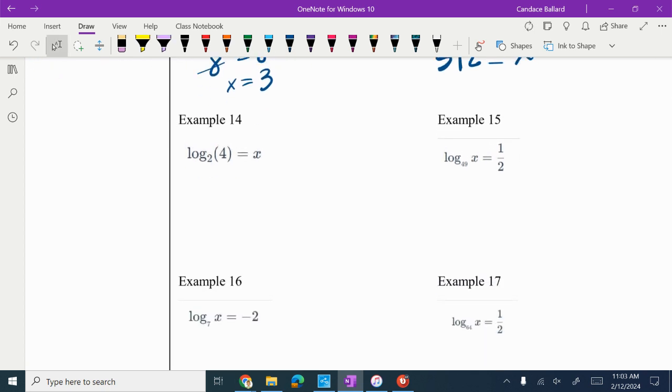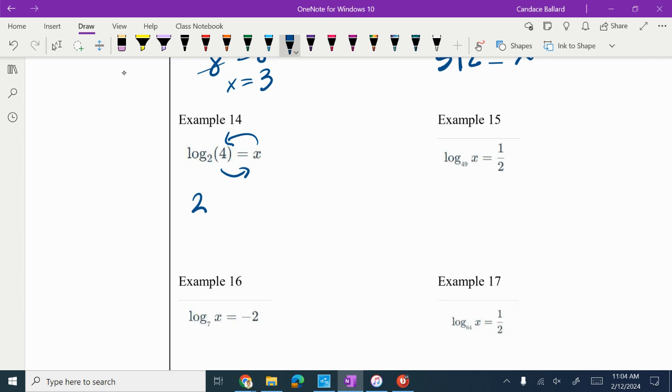You try 14. Okay. What is your base? 2. And then I'm going to loop it again because I have one log on one side.